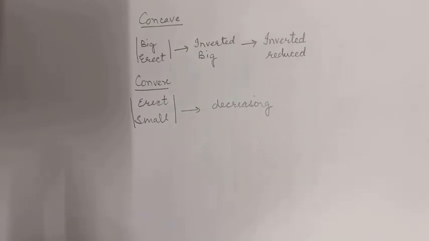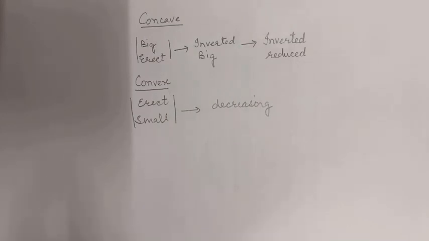So just keep in mind that the images formed by concave mirrors and convex mirrors are not always the same. This will help you in better understanding of the topic: if you get an image which is inverted and reduced in size, immediately you can say that yes, this is an example of a concave mirror.